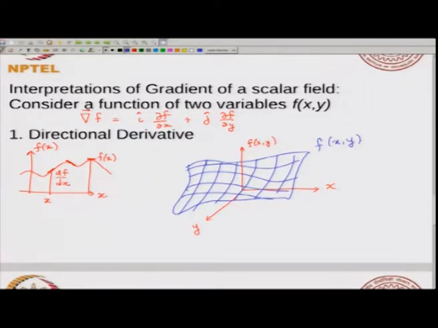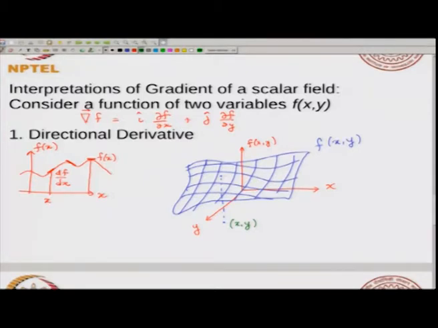Now you can ask what the gradient is at any point. Suppose I take a point x y, and I ask what does the gradient tell you at this point. Remember, in the case of functions of a single variable, the derivative was related to the slope.